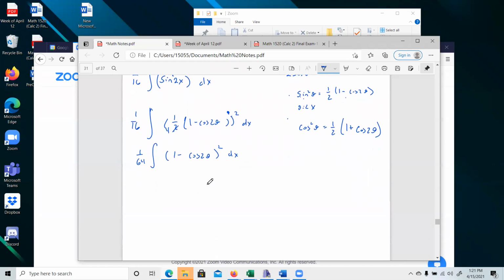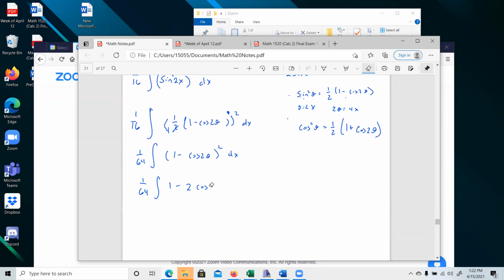Again, can't do a u just yet. So this is 1 over 64 integral, and we're going to square this out. 1 minus 2 cosine 2 theta. In this case, theta was 2x, so 2 theta is equal to 4x. Does that make sense?